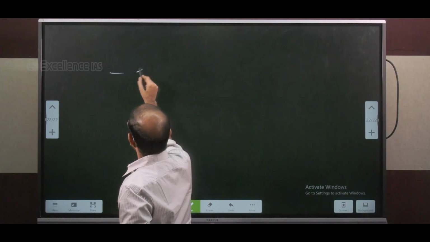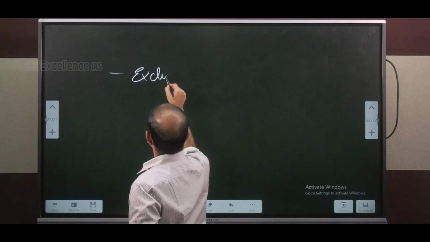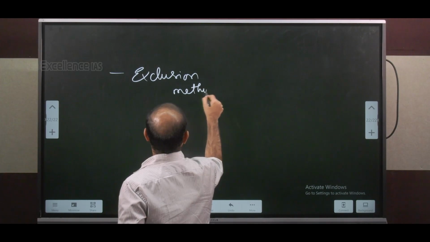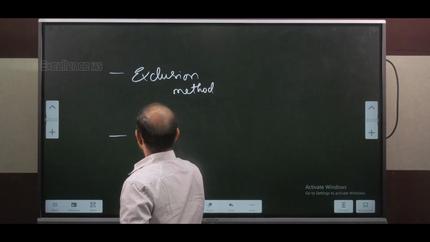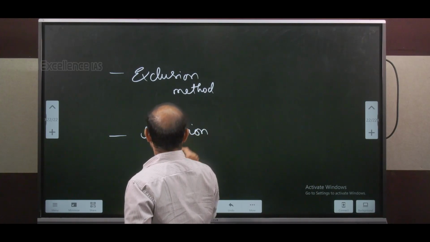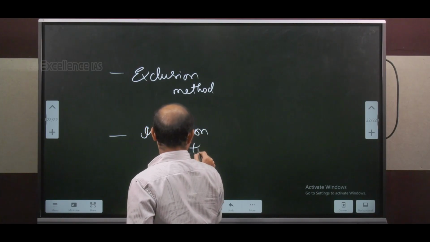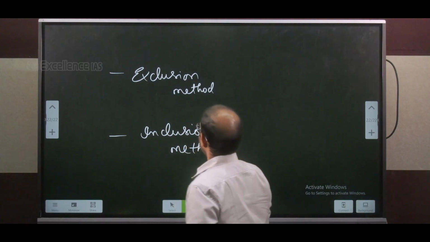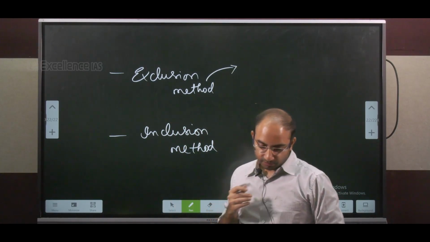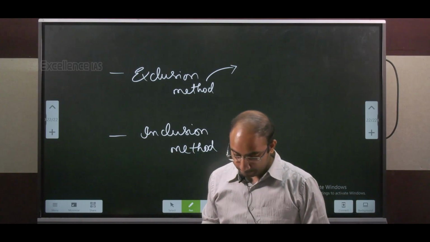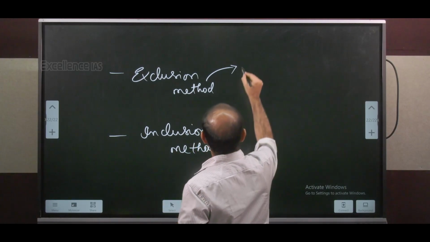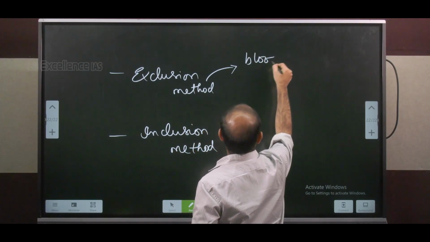There are two methods to do paternity studies. One is called exclusion method. Another is called inclusion method. What is exclusion method? Here in exclusion method we use different kinds of blood groupings.